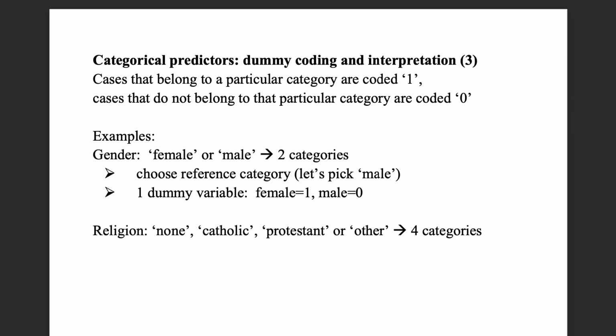Well, why other? Well, because not everybody that's religious, belonging to a religious denomination in the Netherlands, belongs to either Catholic or Protestants. There are lots of other religious denominations that people may belong to, some quite large, some really small. And again, our categories have to be not just mutually exclusive, but also exhaustive. So somehow we need to also create a category for all these other different religious denominations.